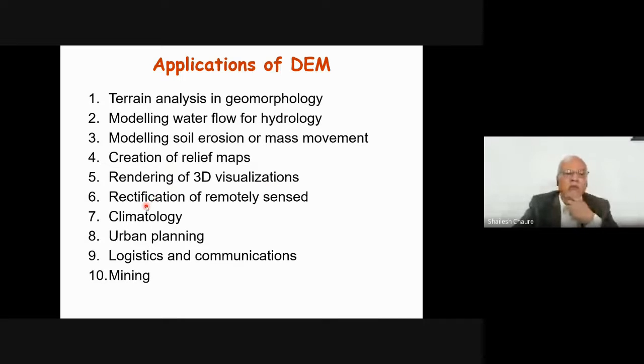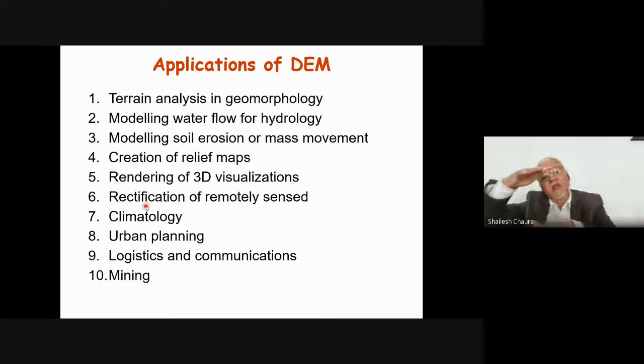Then it is also used for the rectification of remotely sensed data. Suppose a correctly created digital elevation model is available with you. That data can be used to correct the remotely sensed data, because when we take satellite images or aerial photographs, they have some inherent problems because of the motion of the aircraft, the tilt of the aircraft, and the curvature of the earth. So that data has to be corrected.